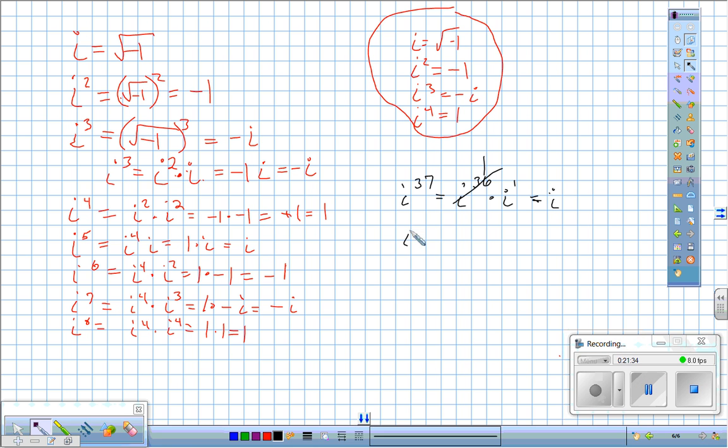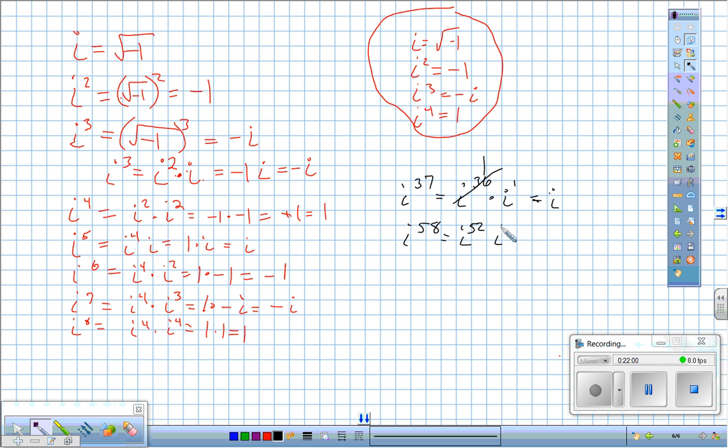Just a few quick examples. If I have I to the 58th, I have to find a number that 4 goes into. When I think 50s and 4s, I actually think of 52, because there's 52 cards in a deck. So I know that 4 goes into 52, so I can write it as I to the 52nd.